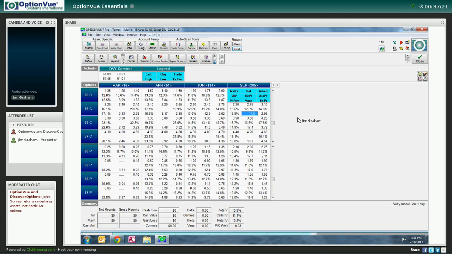Maybe from, in this case, around 13.6, if implied volatility rose to 14.6, everything else staying equal, same day, no change in underlying price, you would make $17.60 if you're long this option, or lose it if you're short.